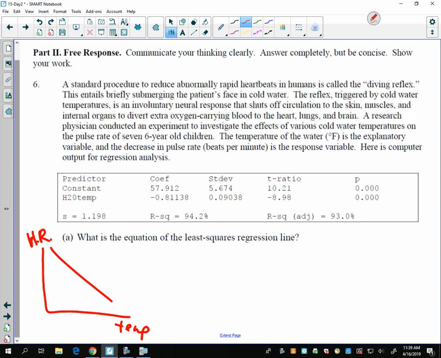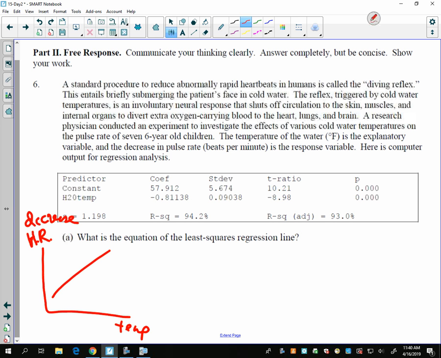Do you want to fix my picture? Really? Right. Colder water makes your heart rate go down. So are they saying decrease in heart rate, and then it would be... But still, even if you did it this way... It says temperature goes down.